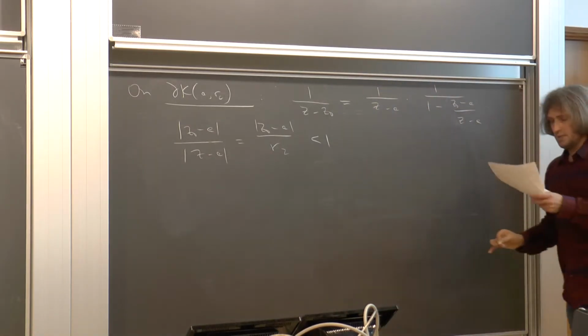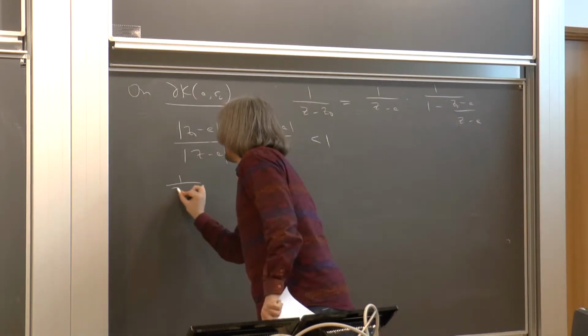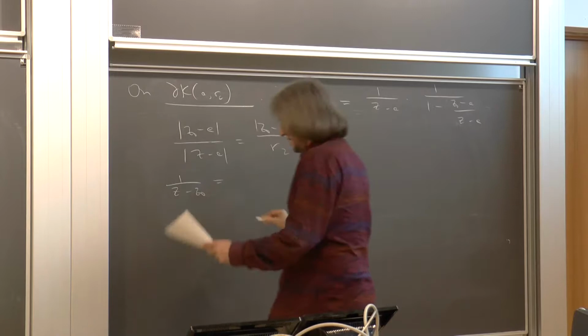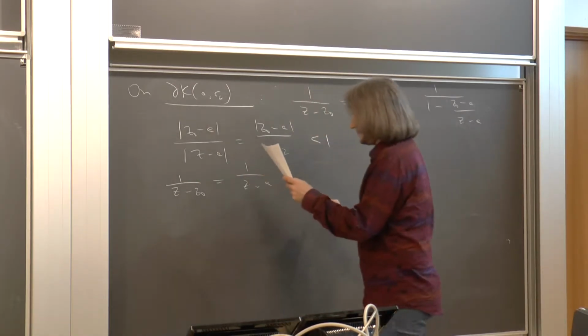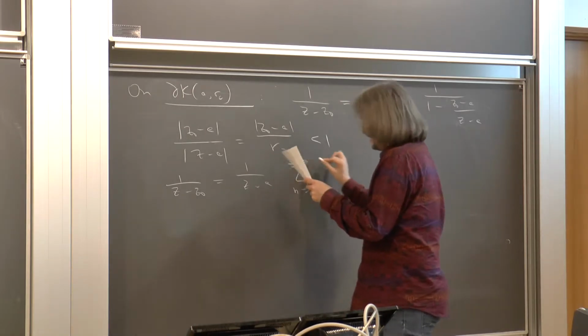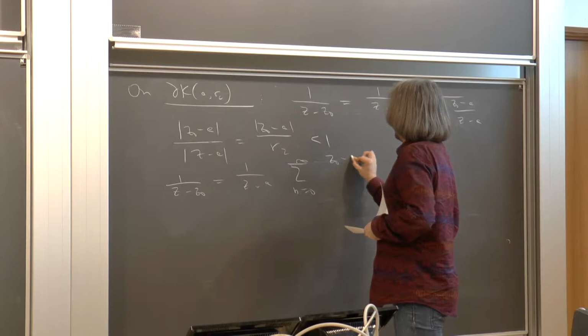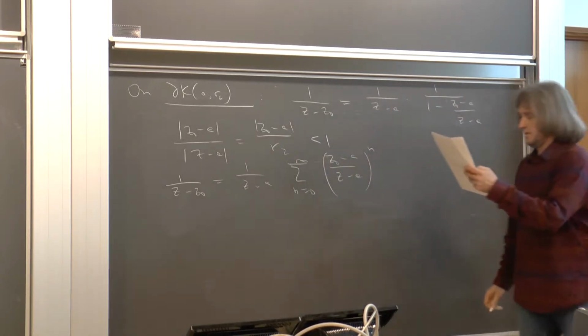So 1 over z minus z naught becomes 1 over z minus a times the sum from n equals 0 to infinity of z naught minus a over z minus a to the n.